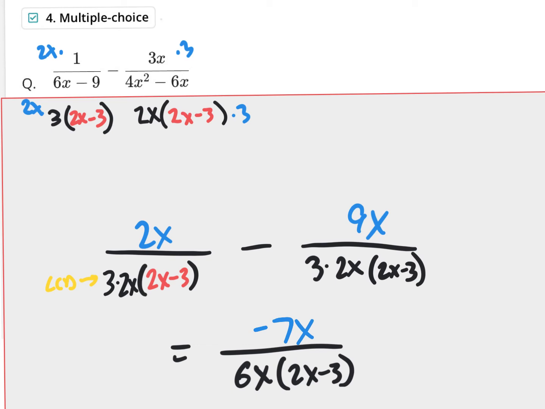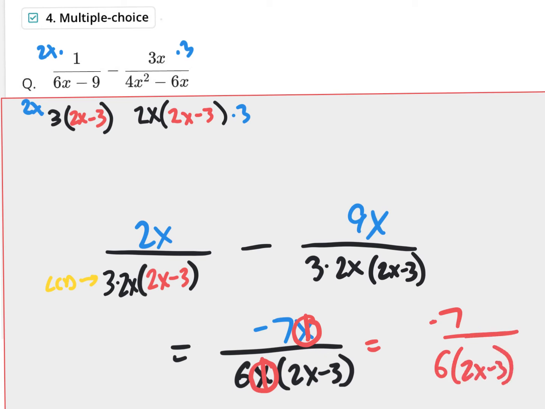Now, you might be thinking, there's my answer, but you could actually cancel out this x because there's multiplication. It says negative 7 times x, and down here it says 6 times x. So the x up on top with the x on the bottom really do cancel out. So your final answer is negative 7 over 6 parenthesis 2x minus 3.